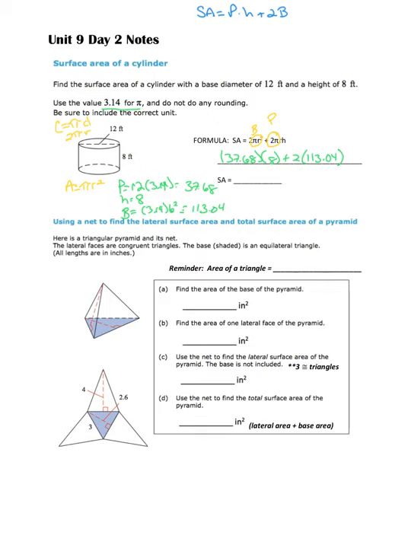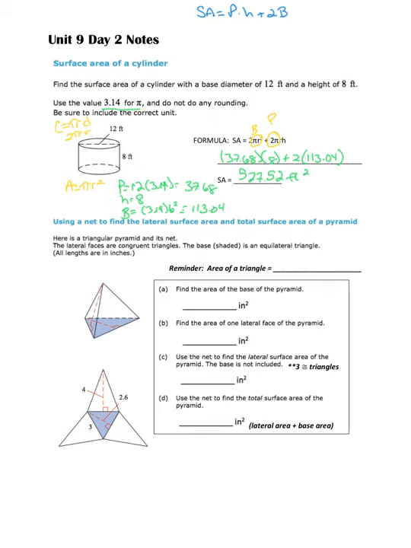Let's see, times 2 equals plus. So I get 527.52 feet squared.